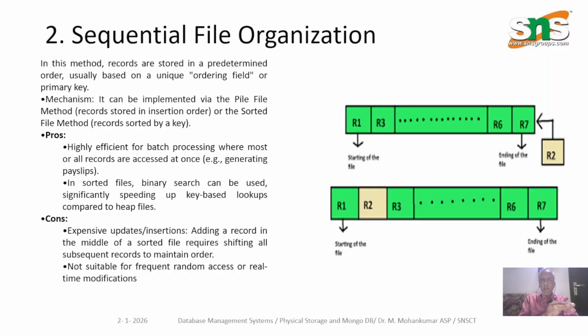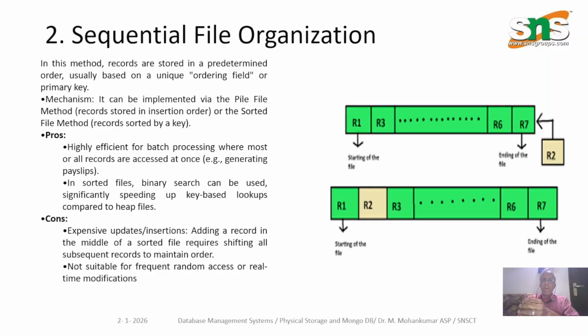It can be implemented via the pile method, where records are stored in insertion order, or the sorted file method, where records are sorted by the key. Pros: highly efficient for batch processing where most or all records are accessed at once, like generating payslips. It is very easy.